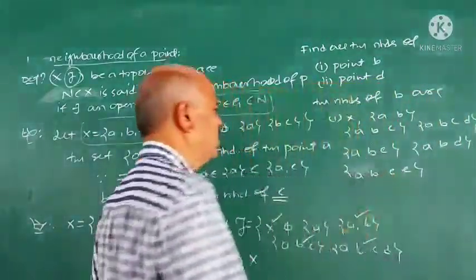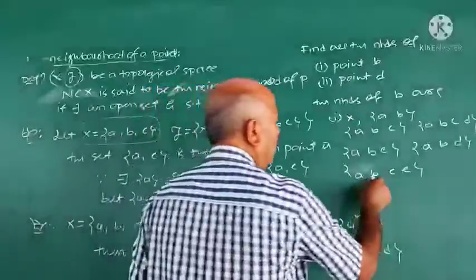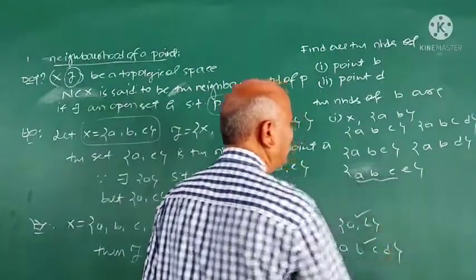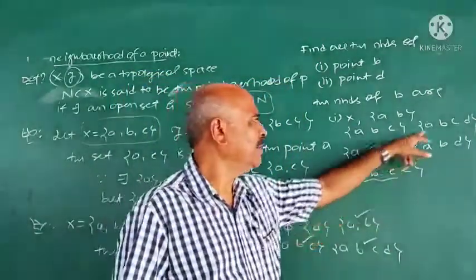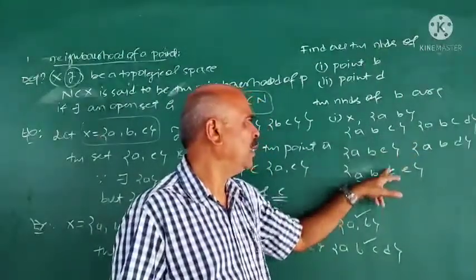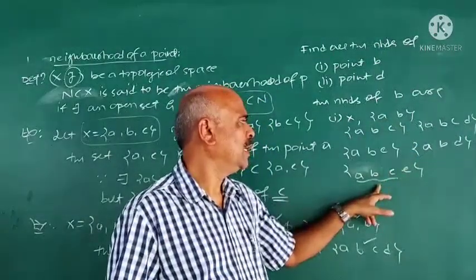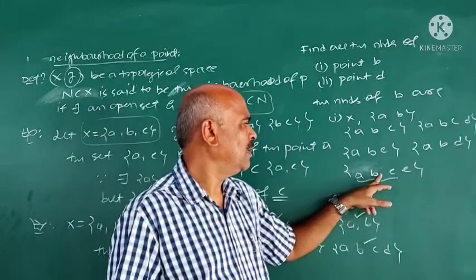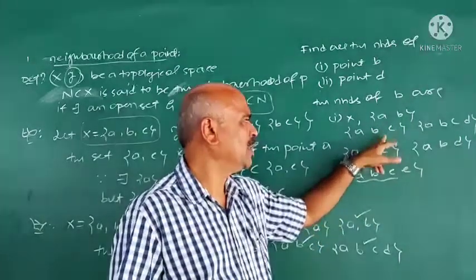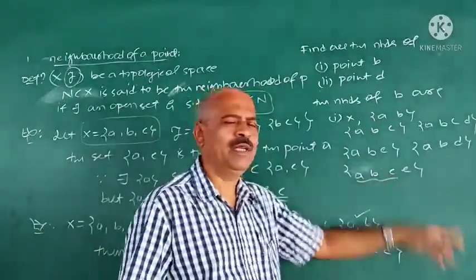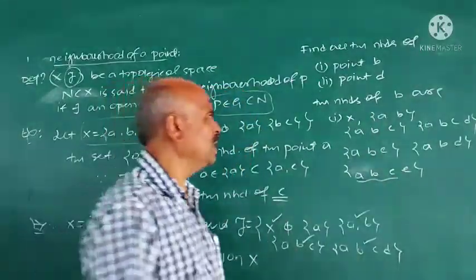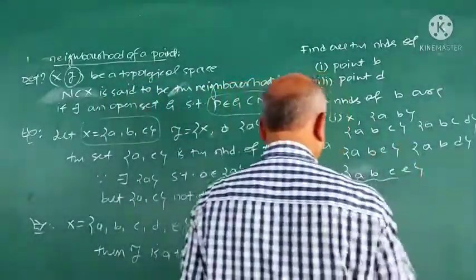It is a neighborhood of the point B because what is the open set containing B and contained in ABCE? It is ABC or also AB. Both are open sets containing B and contained in ABCE. Therefore, ABCE is also a neighborhood of the point B.